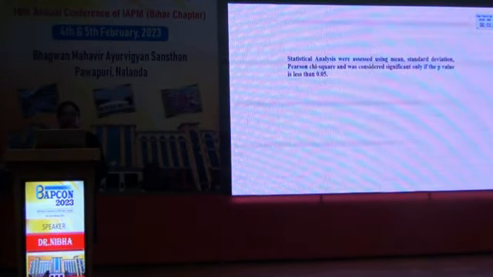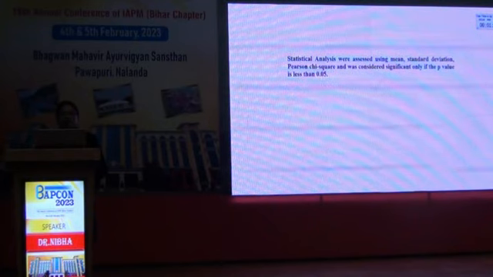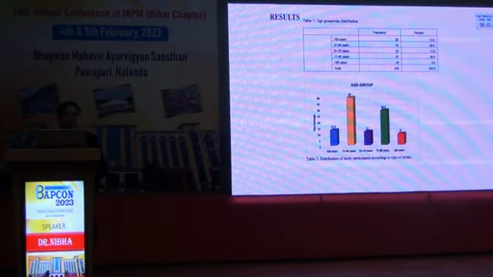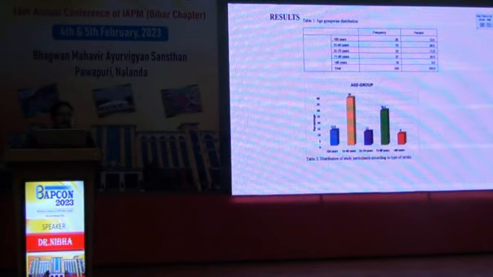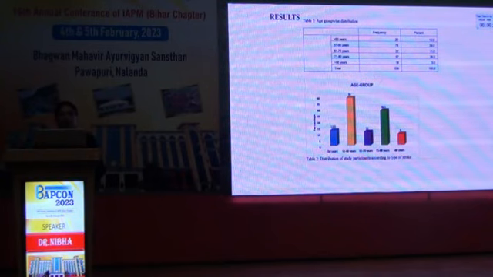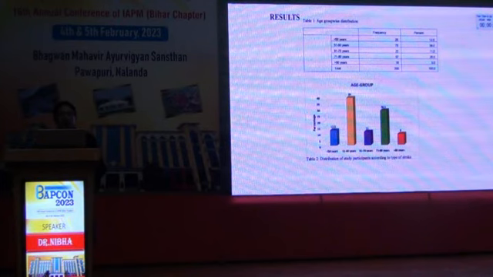Statistical analysis was assessed using mean, standard deviation, and chi-square, and was considered significant only if the p-value is less than 0.05. As results, age group distribution: less than 50 years, frequency is 25, 12.5%; 51 to 60 years, frequency is 78, percentage 39%; 61 to 70 years, frequency is 20, percentage 11; 71 to 80 years, frequency is 57, and the percentage is 28%.